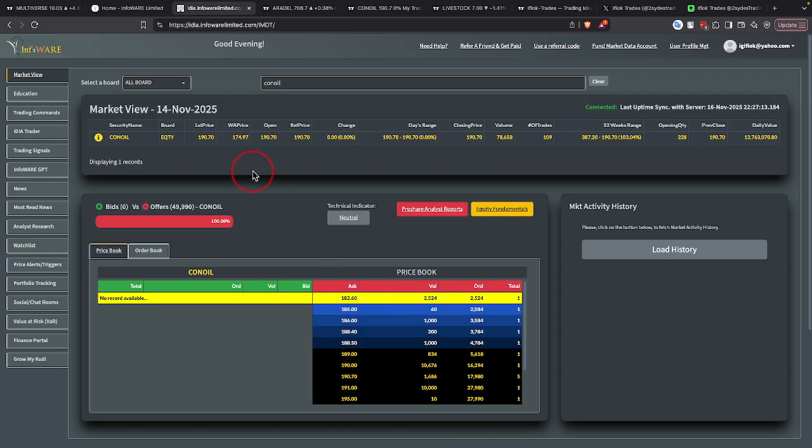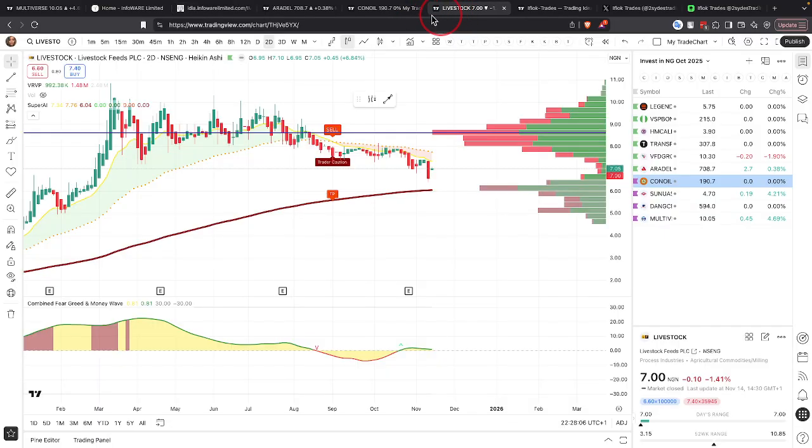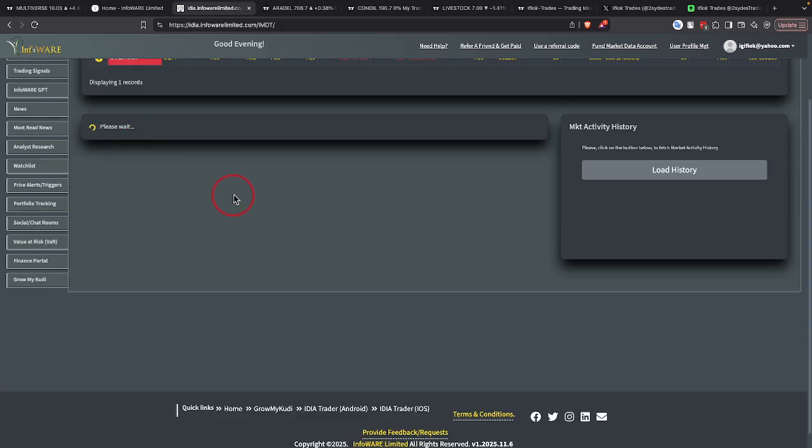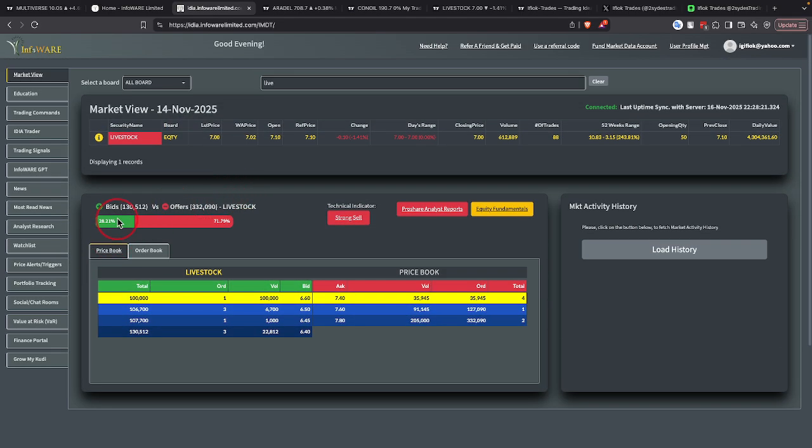Okay, so we'll just treat one more and then we'll leave it be. Okay, so we'll look at livestock. So currently on TradingView, the price of livestock is 7 naira per share. So we'll just use our tool, look for livestock, click on it, and what do we have? So we have 130,000 bids and 332,000 offerings. So what can we see here?